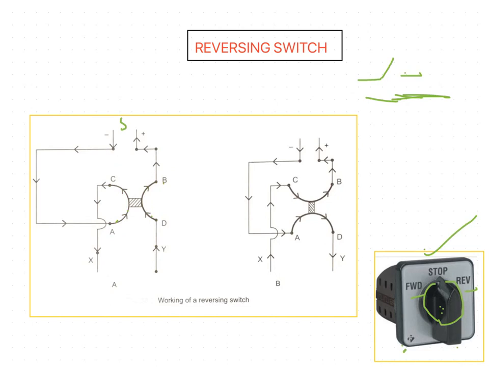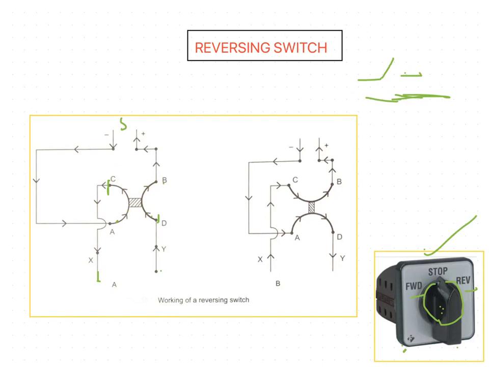The other two opposite contacts, C and D, are connected to the external circuit. Normally this external circuit is the patient. So these are the connections of this reversing switch.